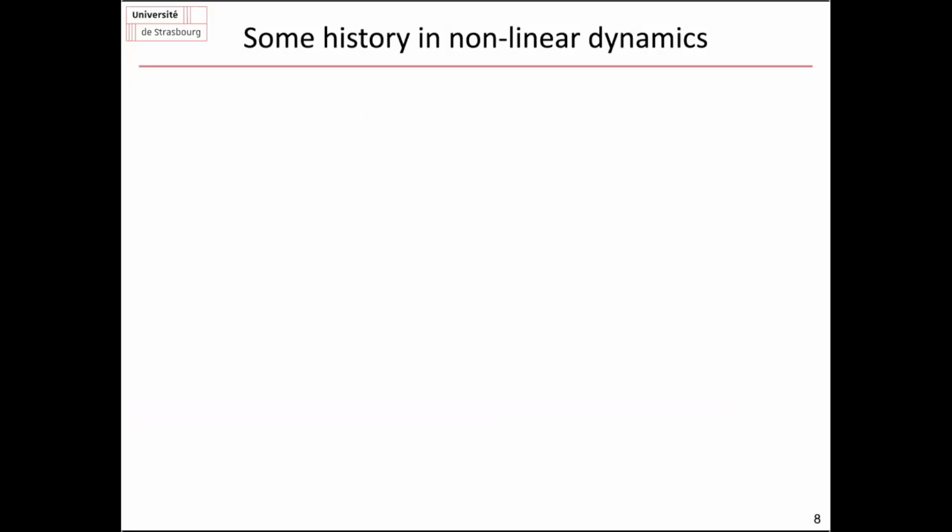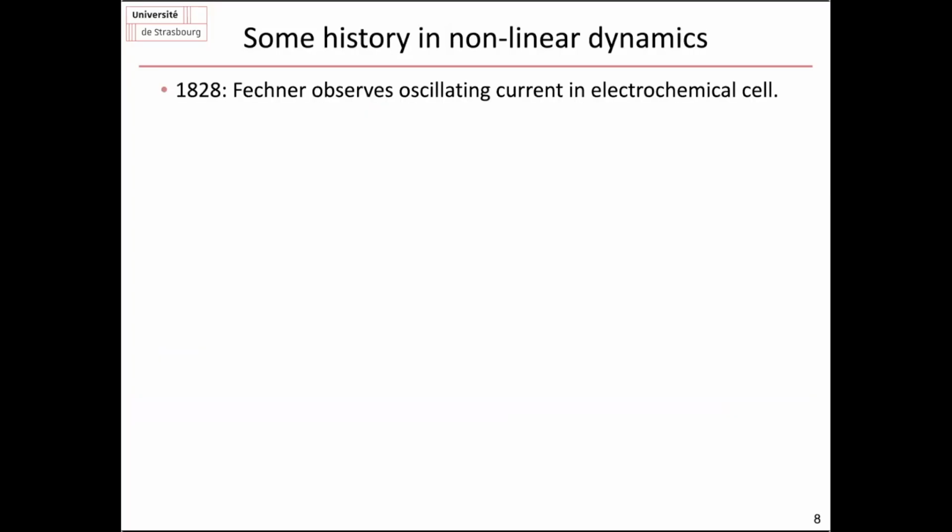Okay, but a field that has a very strong influence here is that of nonlinear dynamics. In nonlinear dynamics, that's where people found chemical oscillators, and that was quite controversial. The first observation really was in 1828. Fechner was doing some electrochemistry, and he observed oscillating currents.